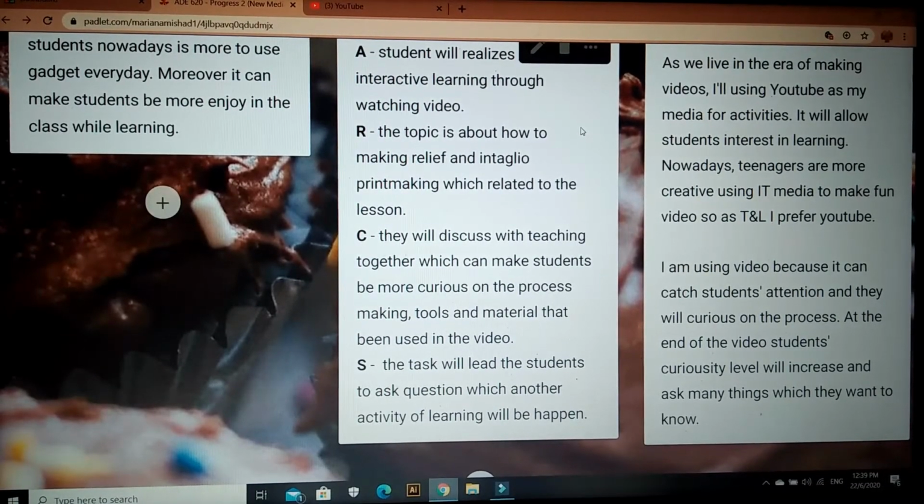C: they will discuss with the teacher together, which can make students more curious about the process, tools and material used in the video. And S: the task will lead the students to ask questions, so another learning activity will happen.